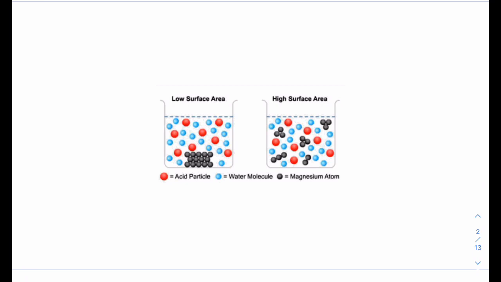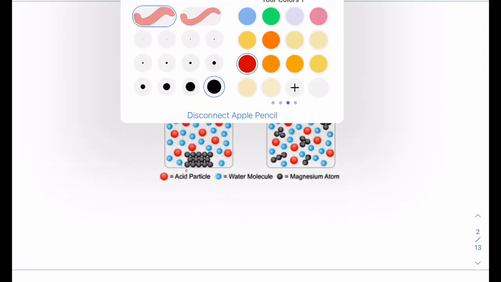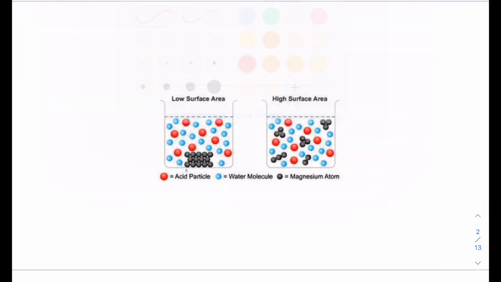surface area. So surface area can either be really low, where it's here, where they're all together, and you can only react on the outside part. So if I just get a highlighter, you can only react with the particles on the outside of those bits there.